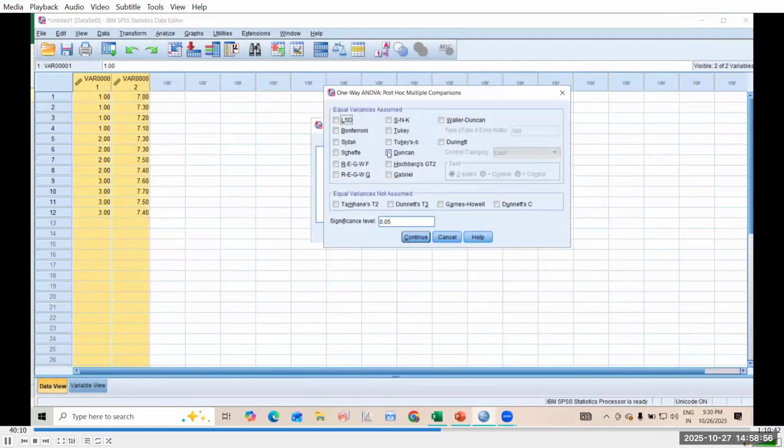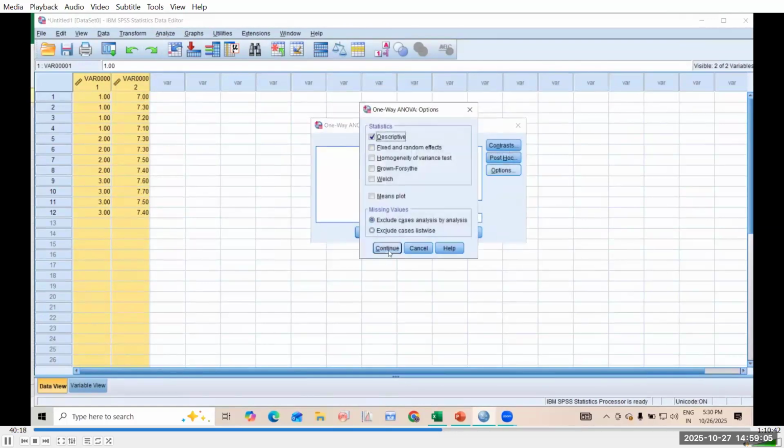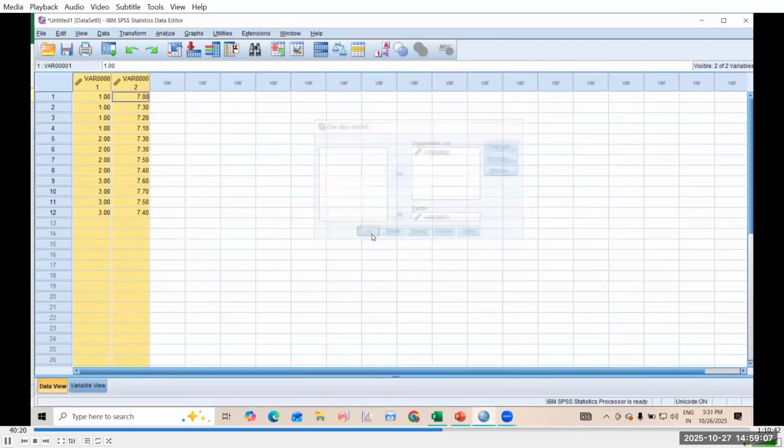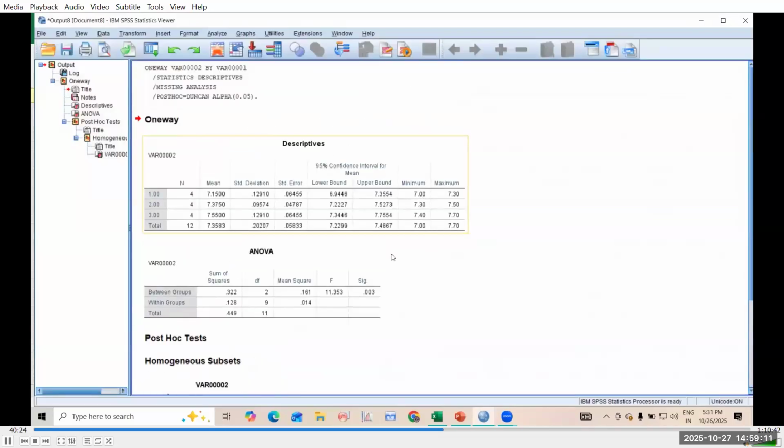First we will choose the Duncan test. Significance level is 0.05. Okay, options, descriptive, continue, then click OK. Here, this is the descriptive, this is the ANOVA. ANOVA is showing that the significance level is less than 0.05, meaning there is a significant difference between the groups.